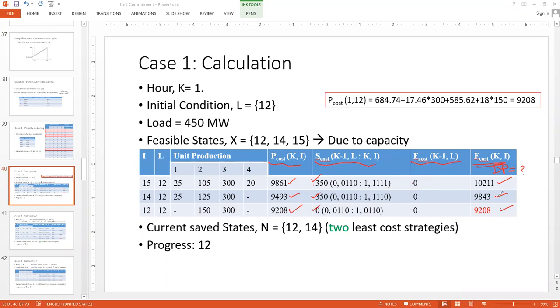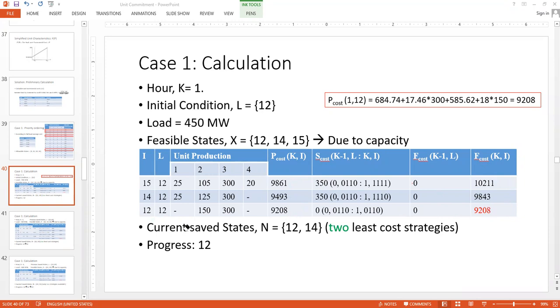Among these 3 choices, the minimum one is this. So it means if we stay at state 12 in hour number 1, then we are choosing the minimum cost solution. So this is the solution for hour number 1, the transition from hour number 0 to hour number 1. And that is being highlighted by the red color over here.